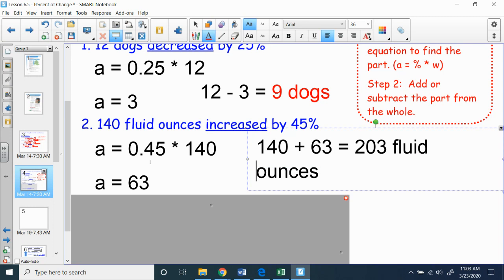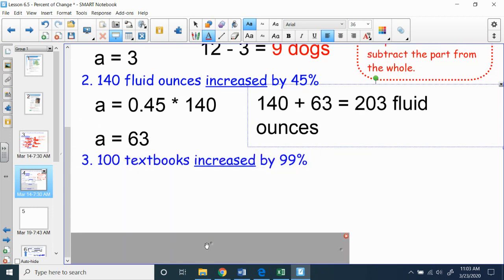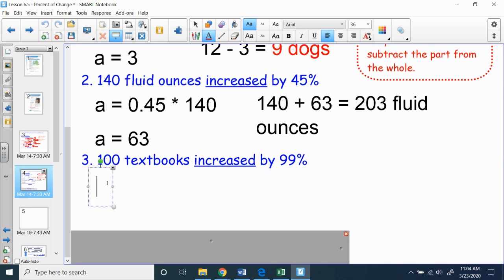Okay. We're going to try number 3, and I'd like you to pause this one once you try it, and then see if you match with what I have. It says we have 100 textbooks, but we have a huge incoming class of students. So we have to increase it by 99%. We'll start with our percent equation. The part equals my percentage, 99 hundredths, times 100.